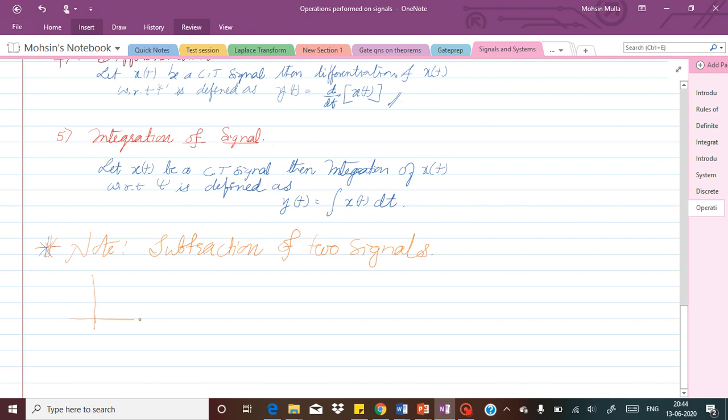Say the first signal has a magnitude of 1 between the instants 0 and 3.